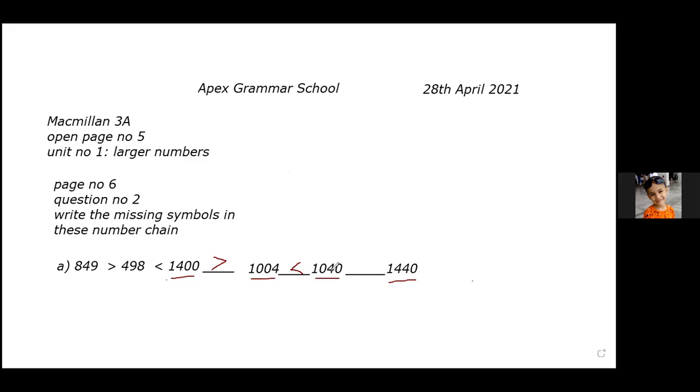Here they write 1040 and on the right hand side 1440. It means on my right hand side there are many burgers, so crocodile wants to eat more. He is going to open his face towards 1440.